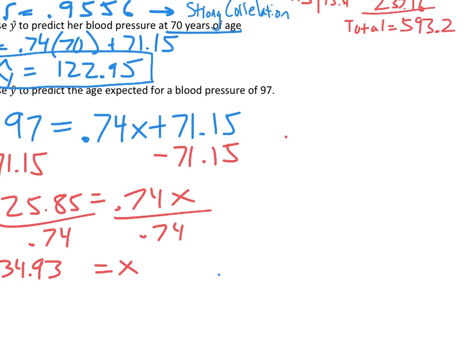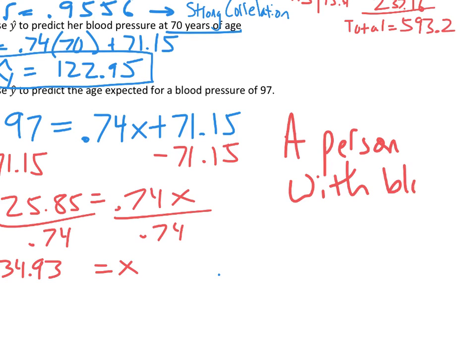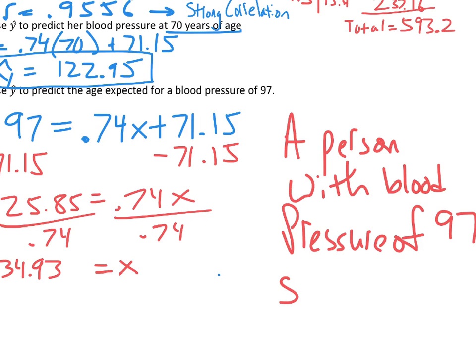Okay, so the age in years is about 34. So a person with a blood pressure of 97 would be expected to be about 34.9 years old.